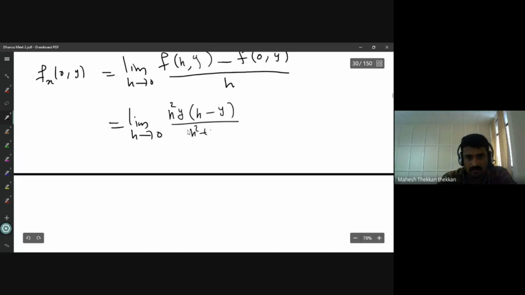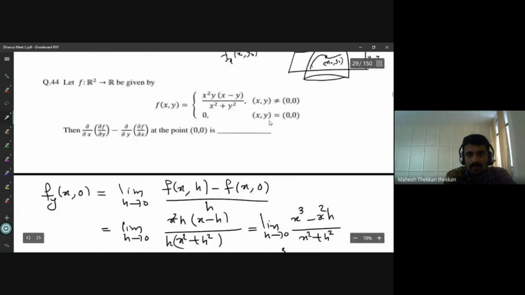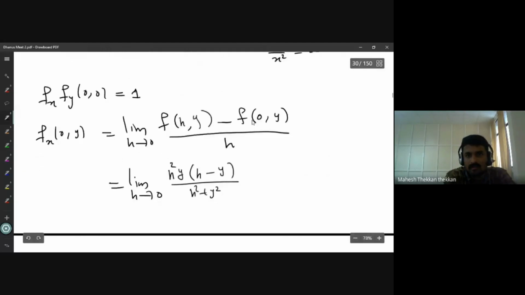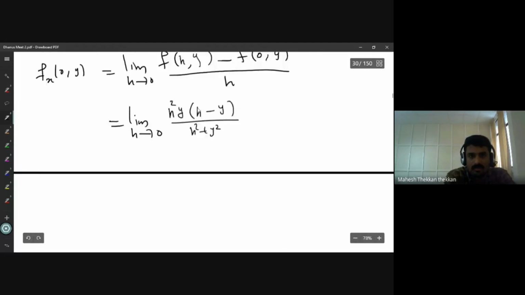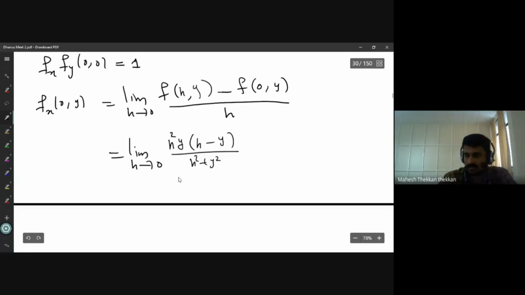What about f of 0 comma y? If I put x equal to 0, that turns out to be 0. So the whole thing divided by h I will just multiply here. So this h square, h will cancel. Then the remaining is limit h tending to 0, h minus y divided by h square plus y square.